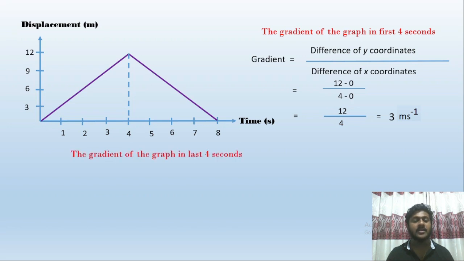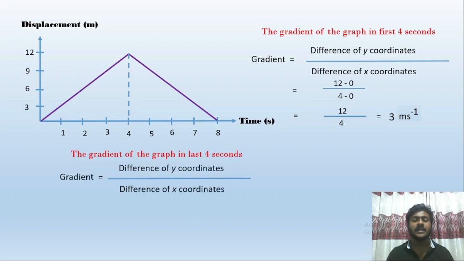And let me find the gradient of the graph in the last 4 seconds. That is the ratio between the difference of y coordinates and the difference of x coordinates. The difference of y coordinates is 0 minus 12. That means the difference should be written by subtracting the initial displacement from the final displacement.